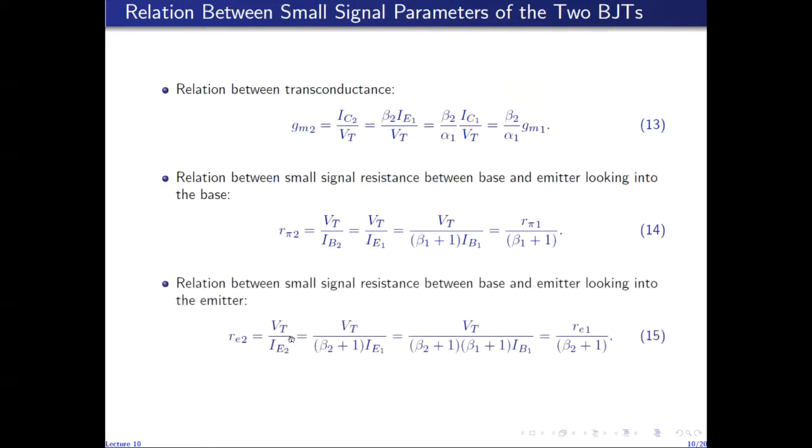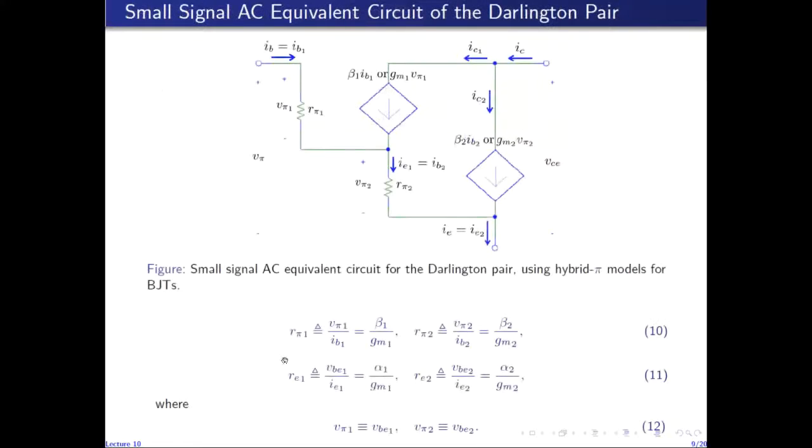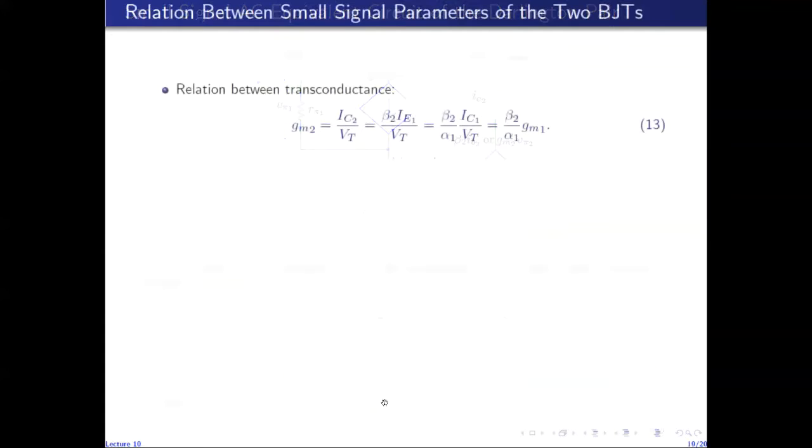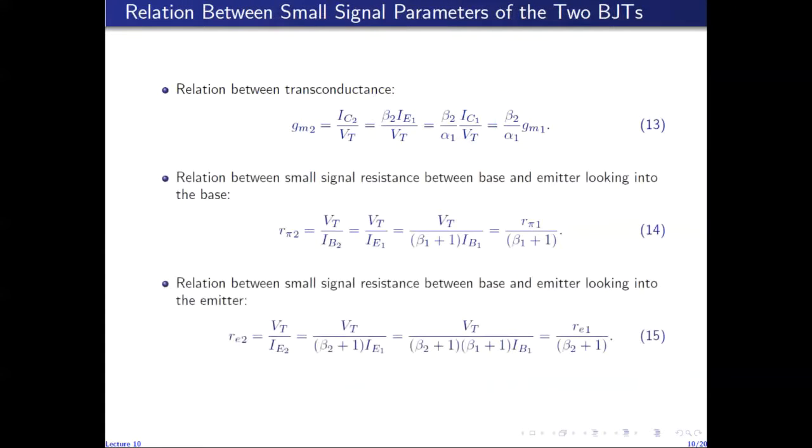And re2 similarly is VT over IE, because again gm is IC over VT, so VT goes into the numerator. Alpha, when it comes into the denominator, makes the denominator IC over alpha, which is IE. So small re is VT over IE. So for the second transistor, it is VT over IE2. IE2 is related to the base current of the second transistor through this expression.